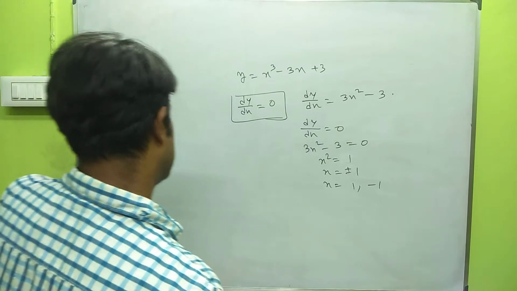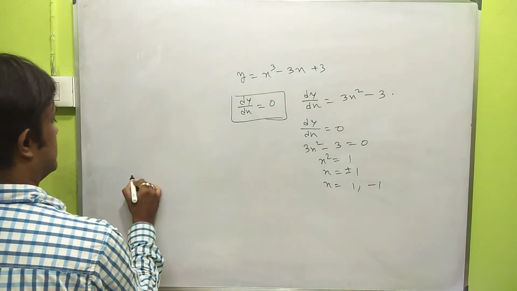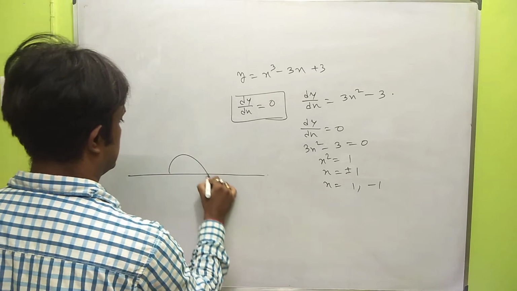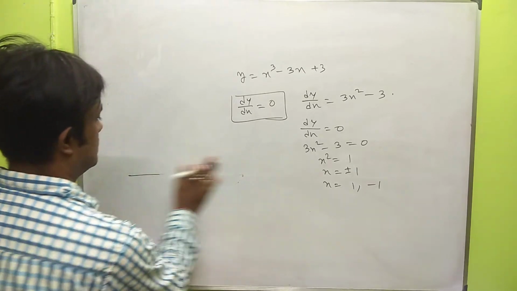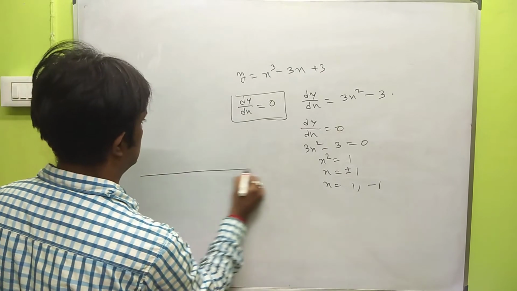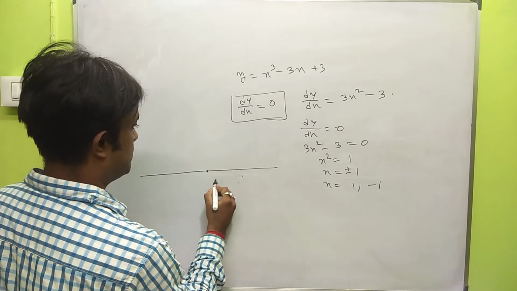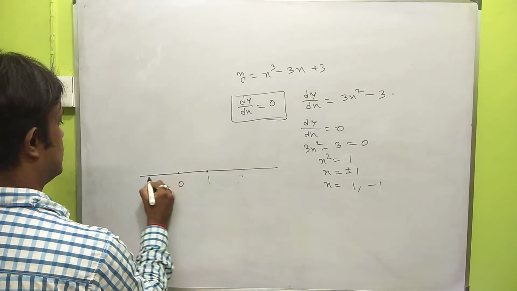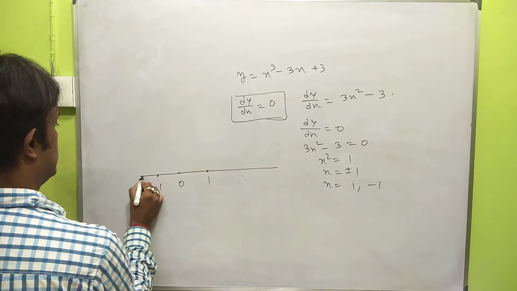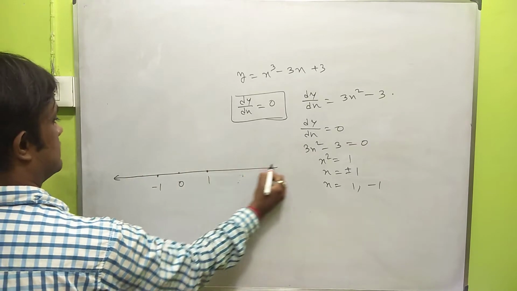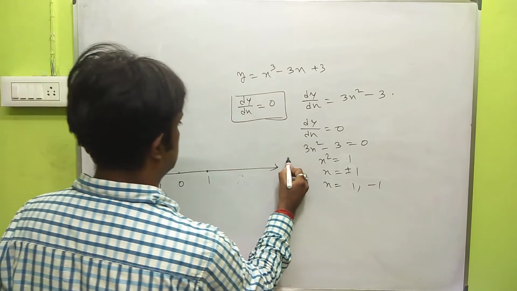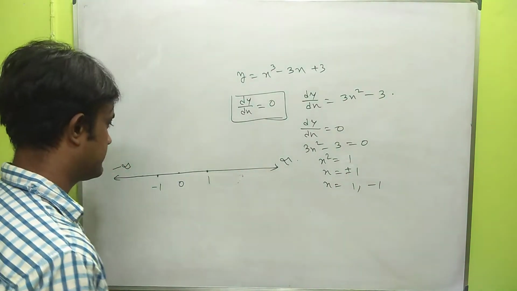Now, suppose this is 1, this is 0, this is minus 1, this is minus infinity, and this is plus infinity.